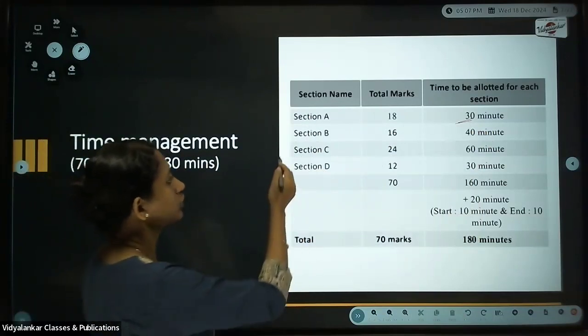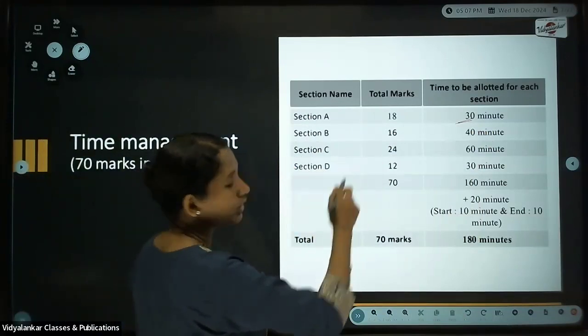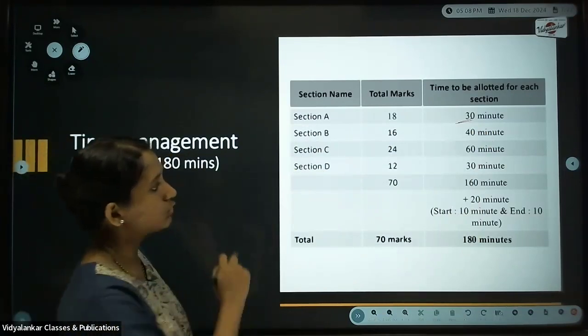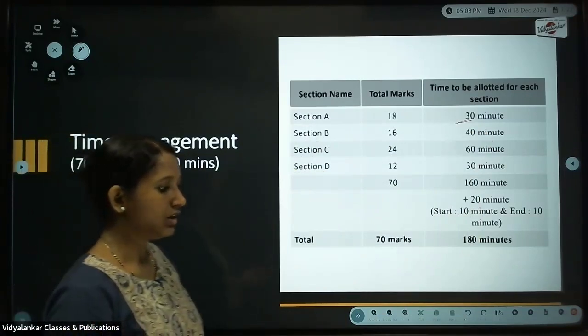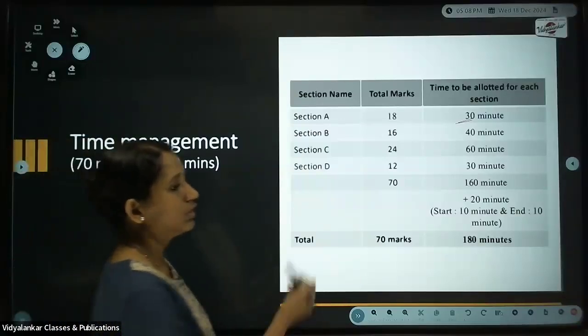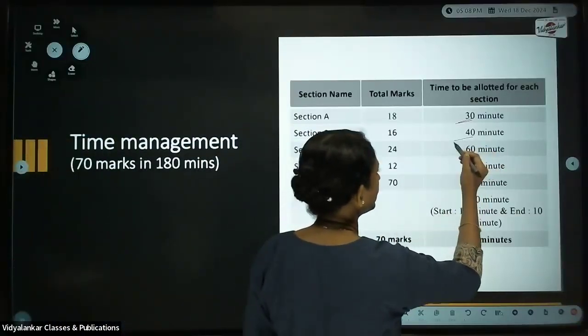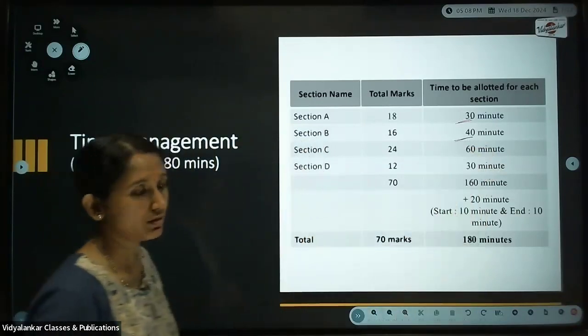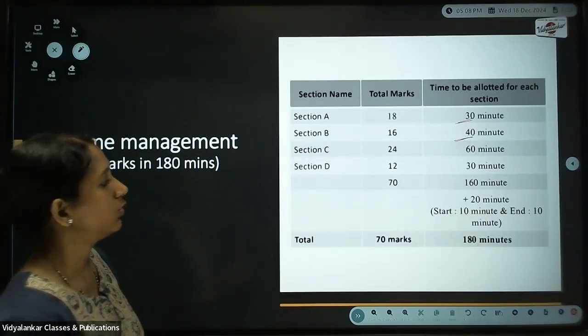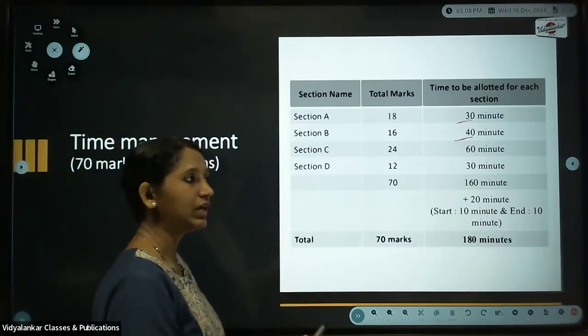Then section B, where your attempt is only for 8 questions. For those 8 questions, if you take hardly 4 to 5 minutes for each question, you will easily wind up within 40 minutes. Similarly, section C, 3 mark questions, again to attempt only 8.